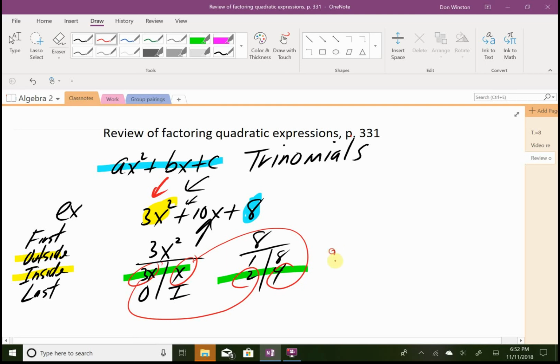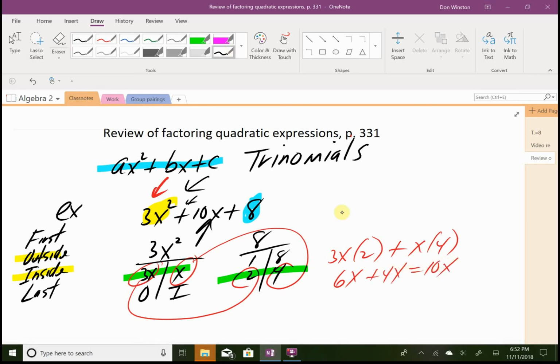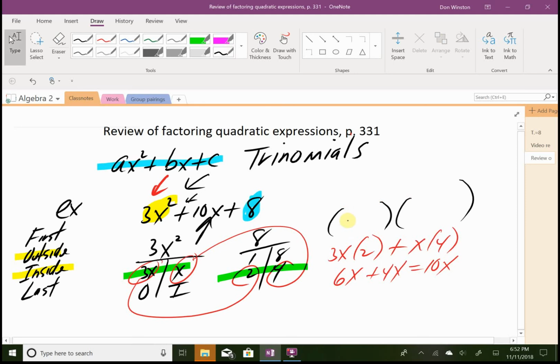So 3x times 2 plus x times 4 gives me 6x plus 4x, which gives me 10x. When I factor this, it's 3x, my outside 2, and then inside is x multiplied by 4, and both terms are positive.